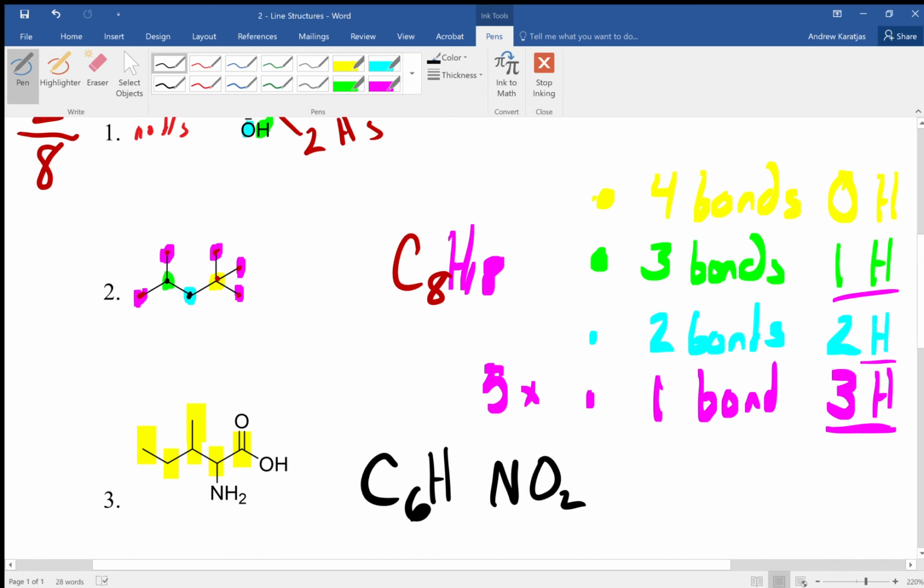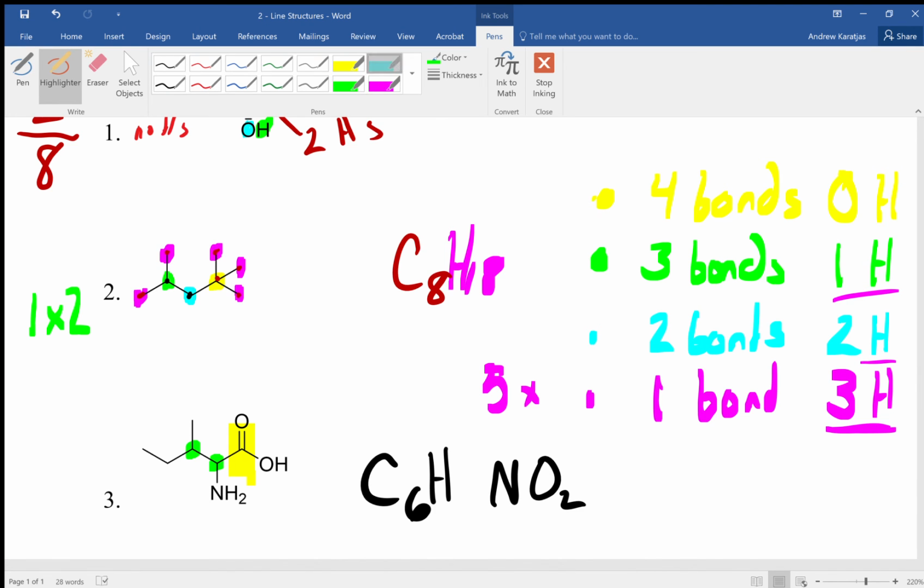And again, it's the hydrogens that are the most complicated. So of those 6 carbons, I'm going to use the same colors again. Which carbons already have 4 bonds? That would be that one there. Which ones have 3 bonds? That carbon has 3 bonds, and so does that one. So that's 1 hydrogen for each of those times 2.